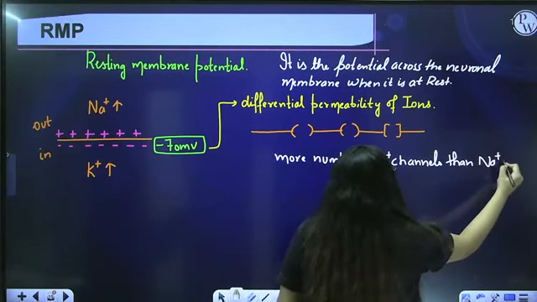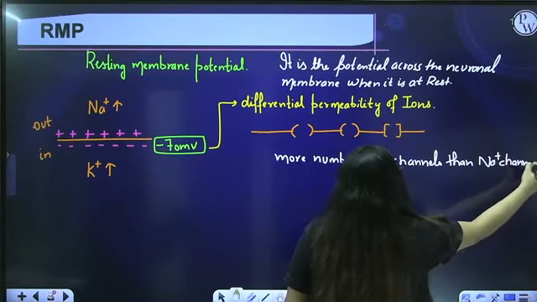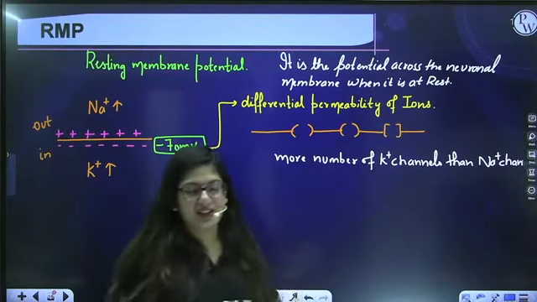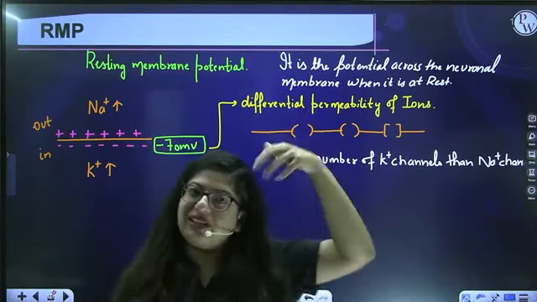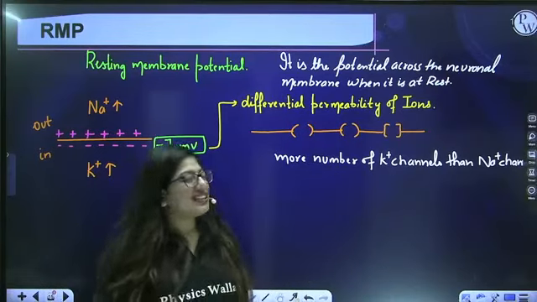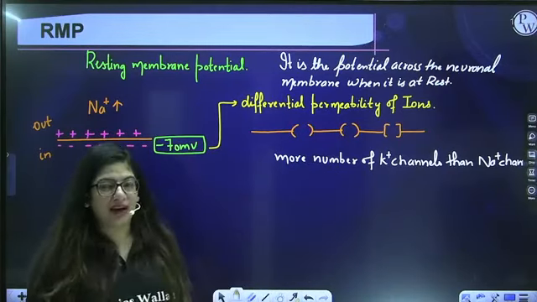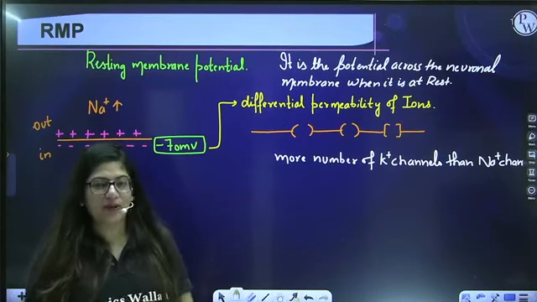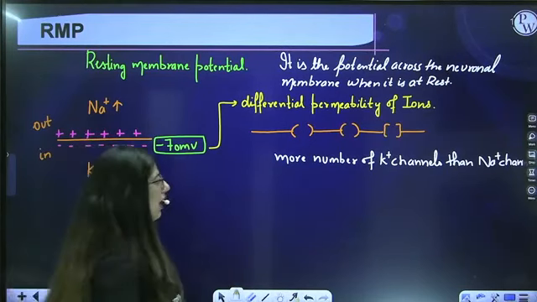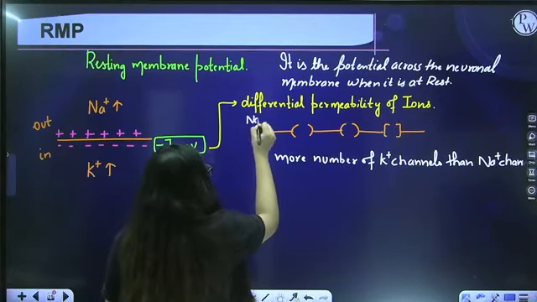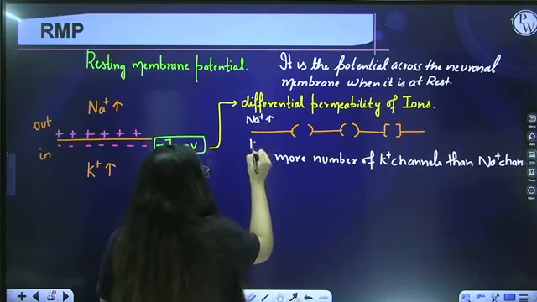Then what will happen? Just think, have some brainstorming. Use it, otherwise it will go bad. So if there are more potassium ion channels than sodium ion channels, then what will happen? And we always say sodium is higher outside and potassium is higher inside.